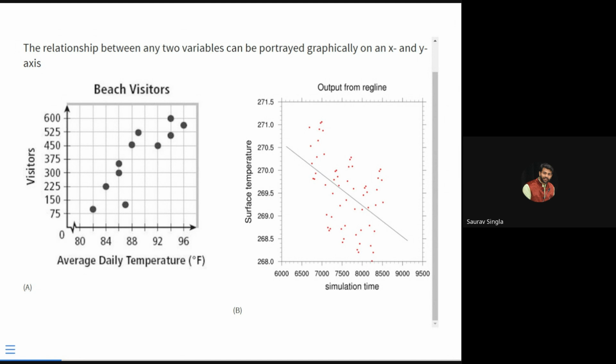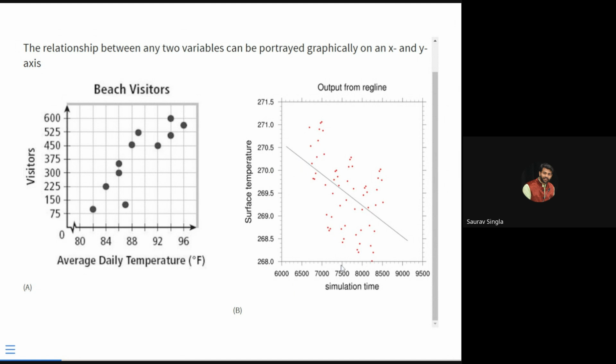But in case of a non-linear relationship, it is not like that. If you increase the simulation time from 6000 to 6100, the increase or decrease in y, assume that is 0.5.